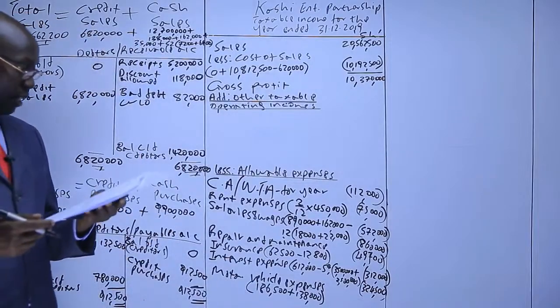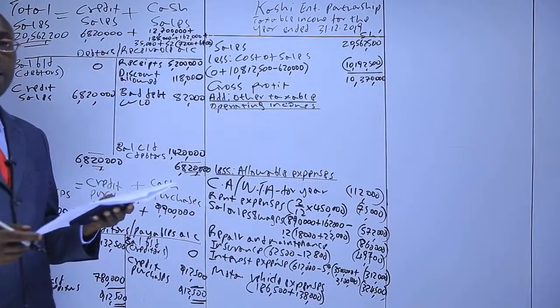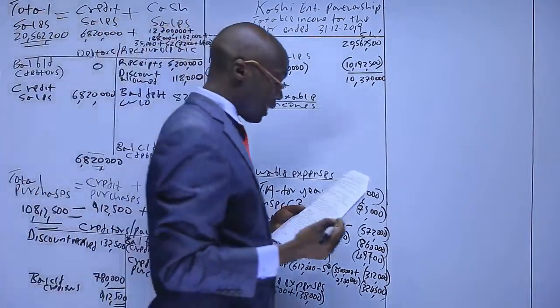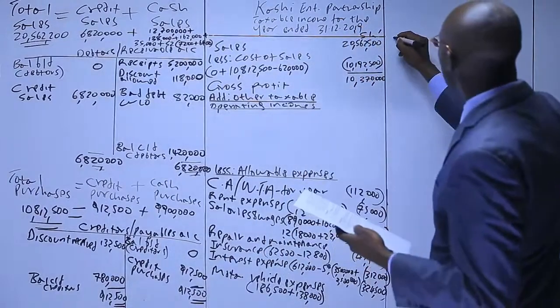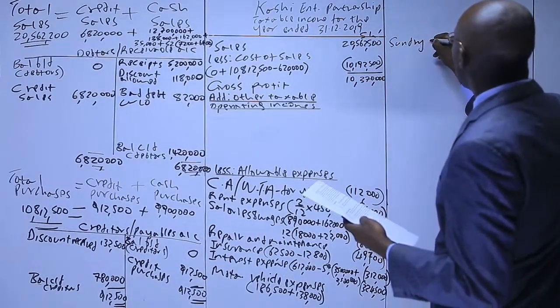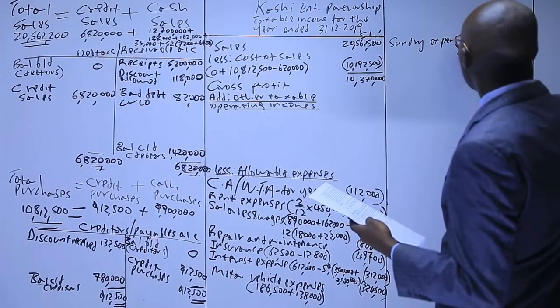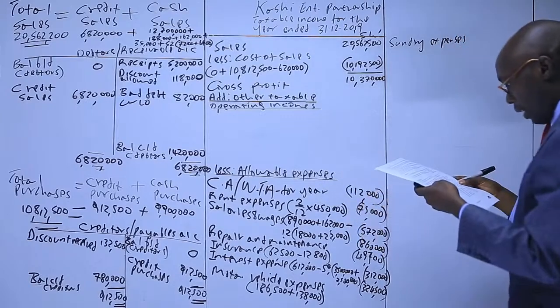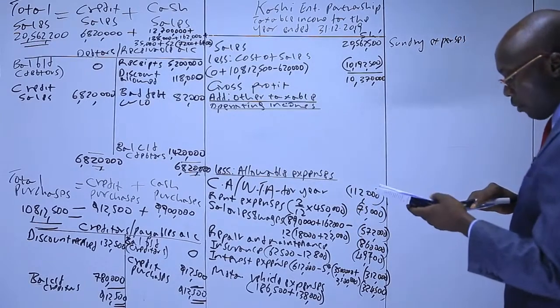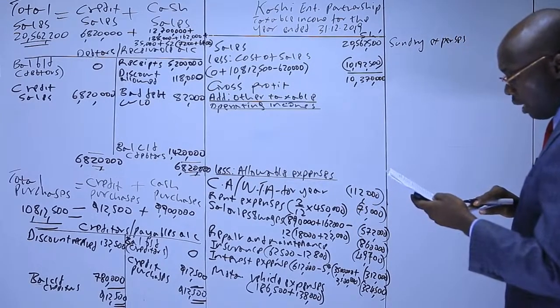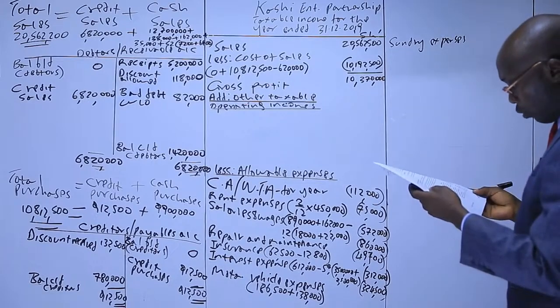Then we go back after the motor vehicle expense. We have sundry expense. Sundry expense is an allowable expense, so we continue. Sundry expenses. And this one again, it is mentioned somewhere else in additional information number 1, the one that was paid through the cash.